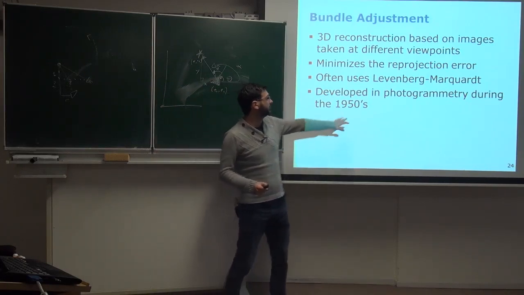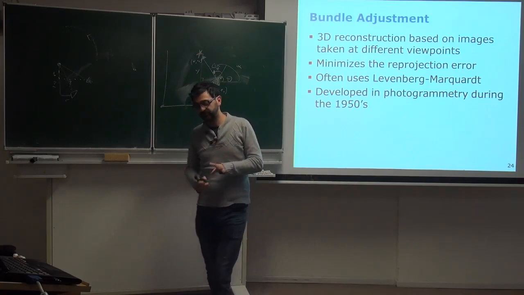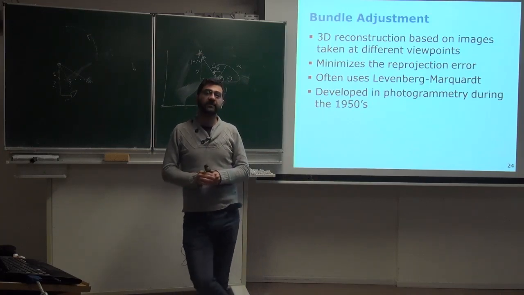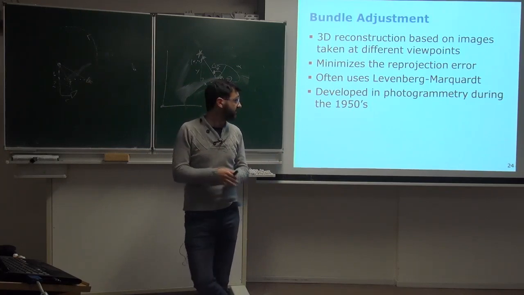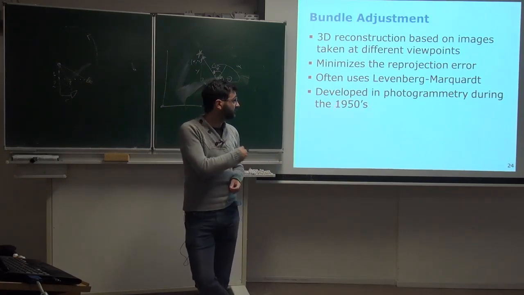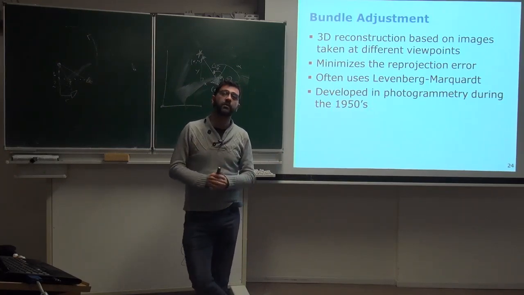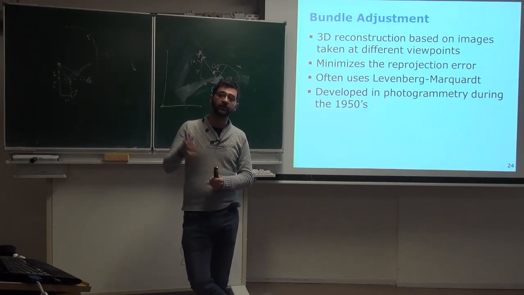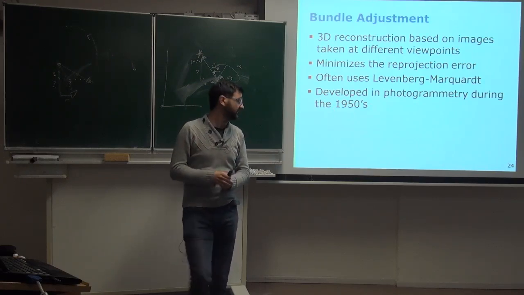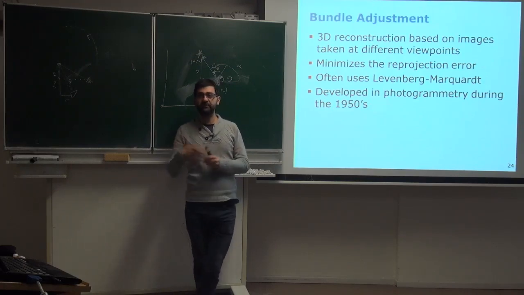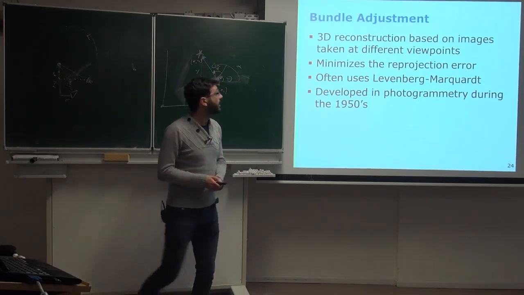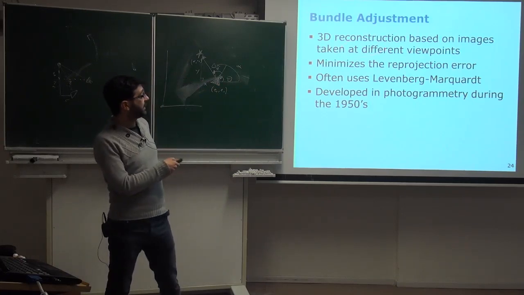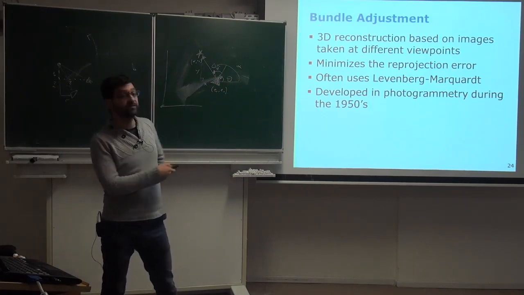And already during the 50s there were a lot of methods for matrix factorization and multiplication, like Cholesky decomposition and so on, that were invented during this period for that specific problem. Gauss was also working a lot in photogrammetry, and the Gauss-Newton method was invented during that time for solving this kind of problem. But what it's called is bundle adjustment.